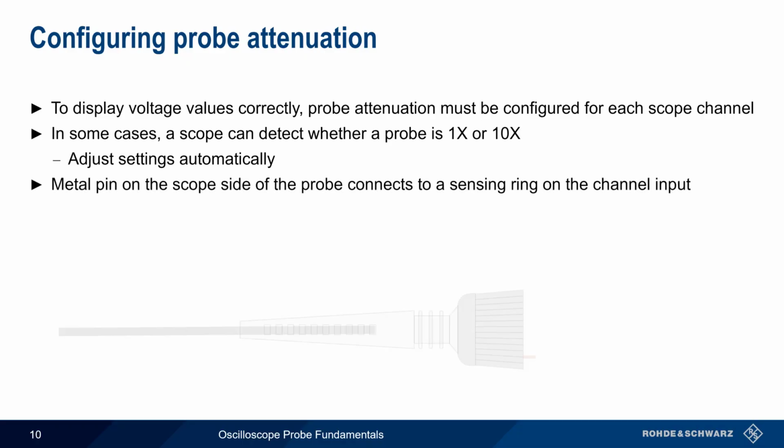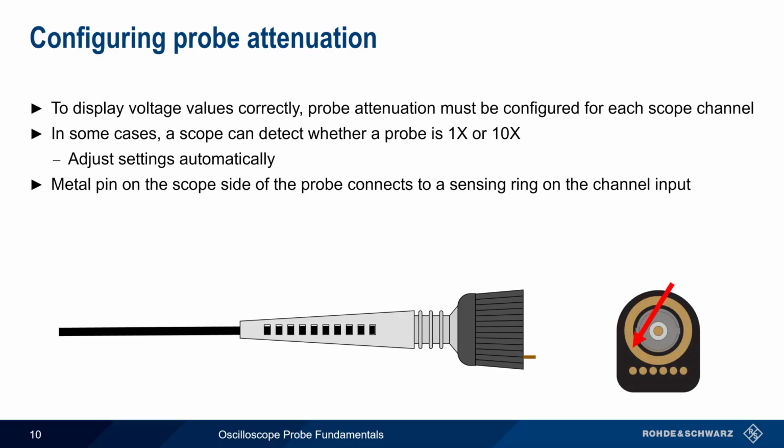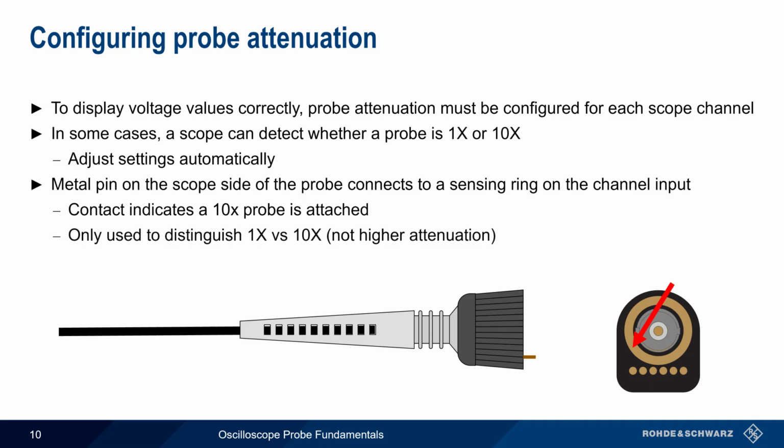This is done by means of a small metal pin on the scope side of a 10x probe, that is, near the scope's BNC connector. A sensing ring around the channel input impedance can detect this pin and thus determine when a 10x probe is attached. Note that this method generally is only used to distinguish between 1x and 10x probes, and cannot be used for probes with higher attenuations.